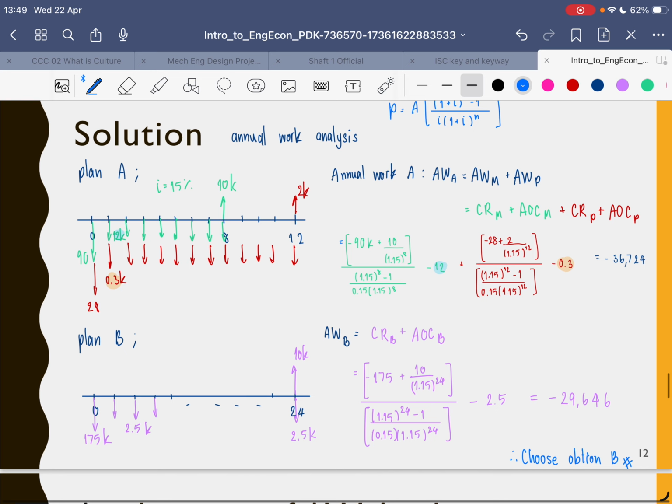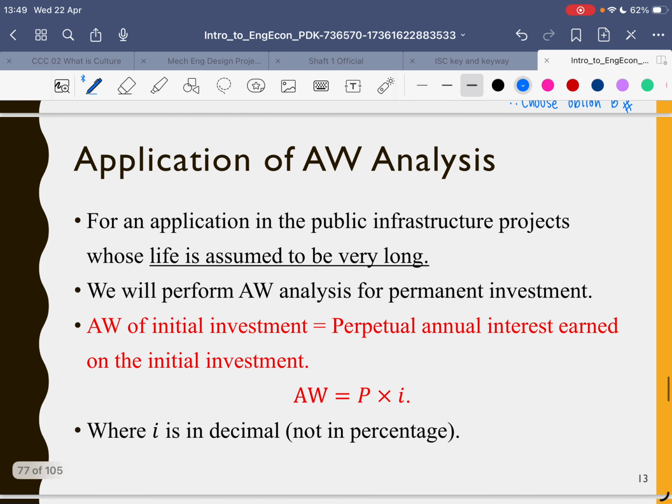For an application of public infrastructure, in this example, we will go deeper, because when you are working on something that is public infrastructure, for example building a bridge or something similar, their useful life is very, very long.